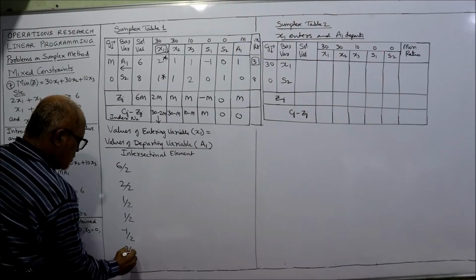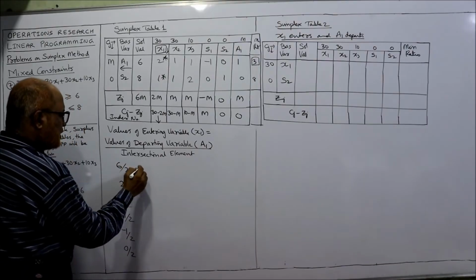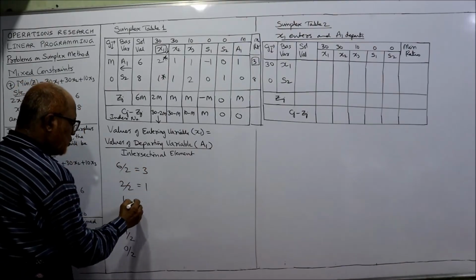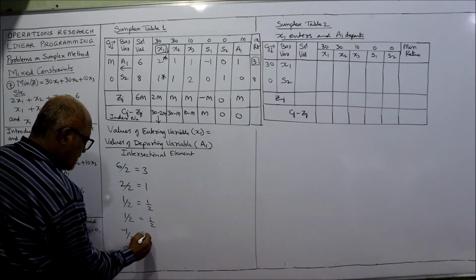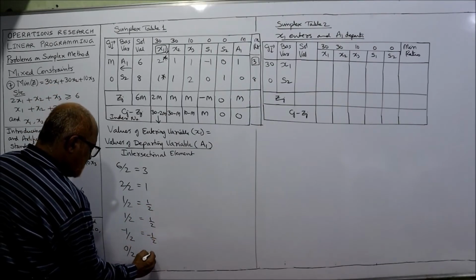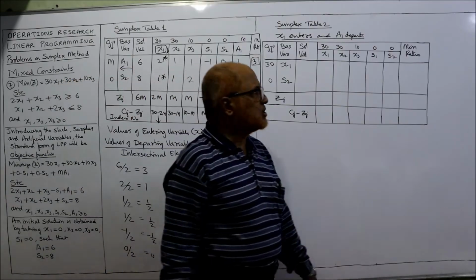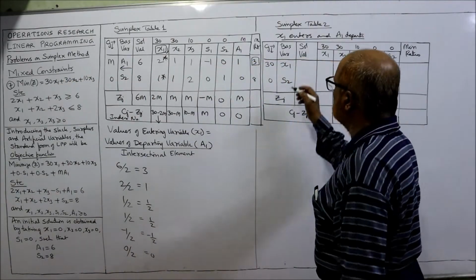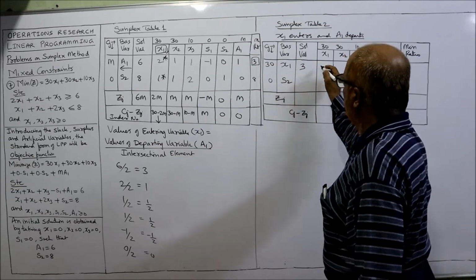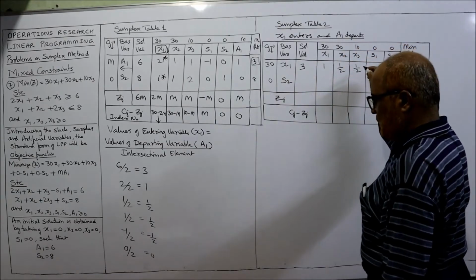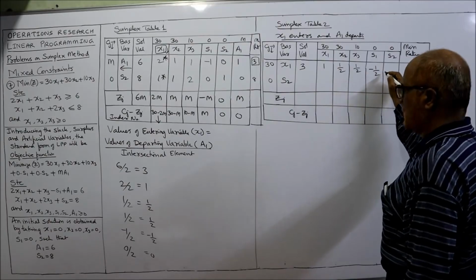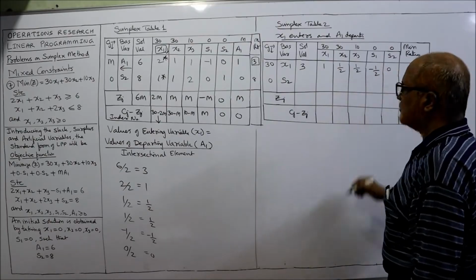Divided by 2. So 2 3s are 6. 2 divided by 2, 1. 1 divided by 2, 1 by 2. Here also 1 by 2. Here minus 1 by 2. Here 0. So we got the values of x1, that is 3, 1, 1 by 2, again 1 by 2, minus 1 by 2 and last one is 0.